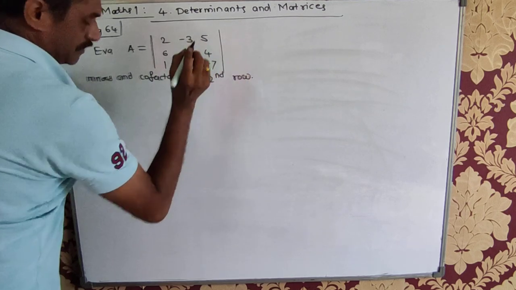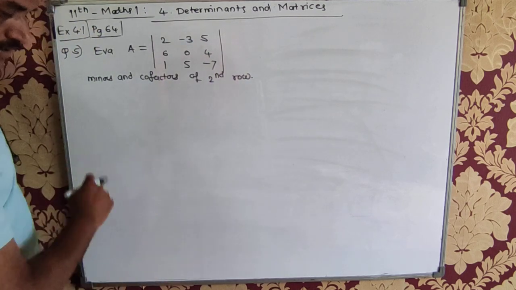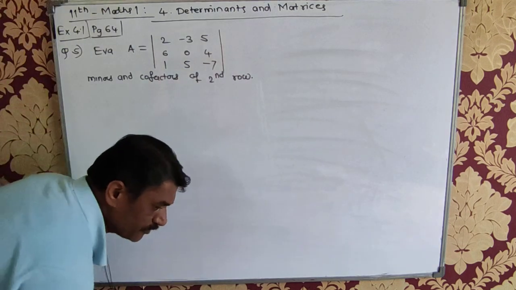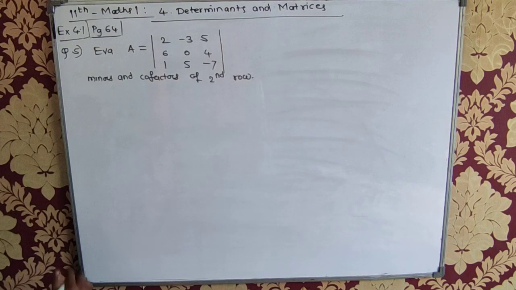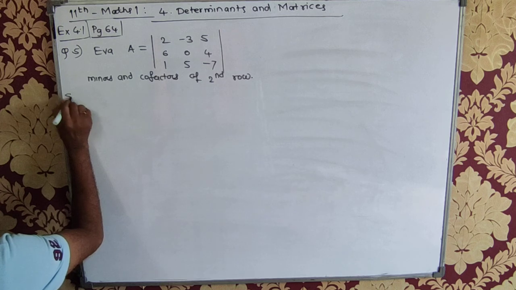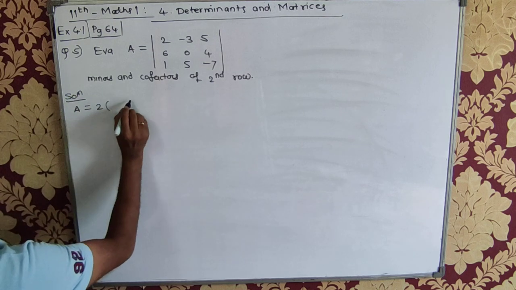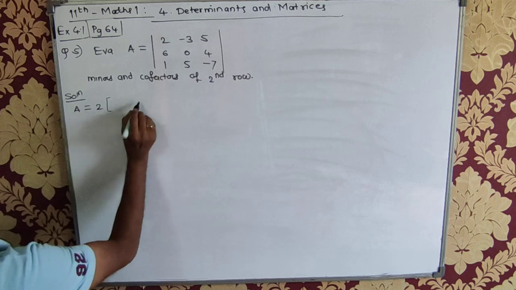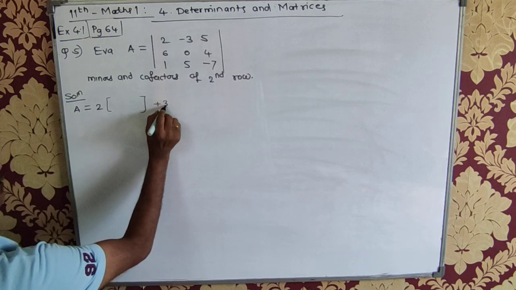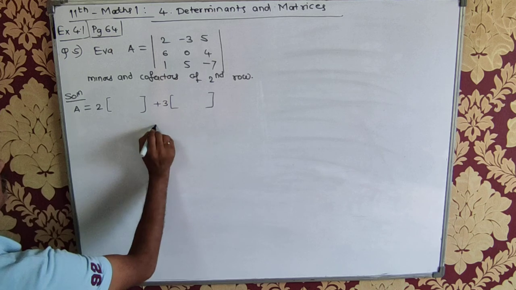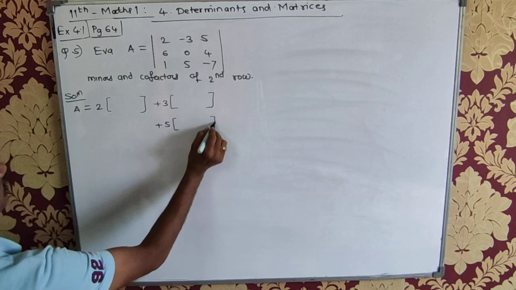Second row का चाहिए and verify few things. ठीक है? तो let's first of all evaluate this determinant. क्या आएगा? A is equal to 2 into something, minus of minus plus 3 into something plus 5 into something.